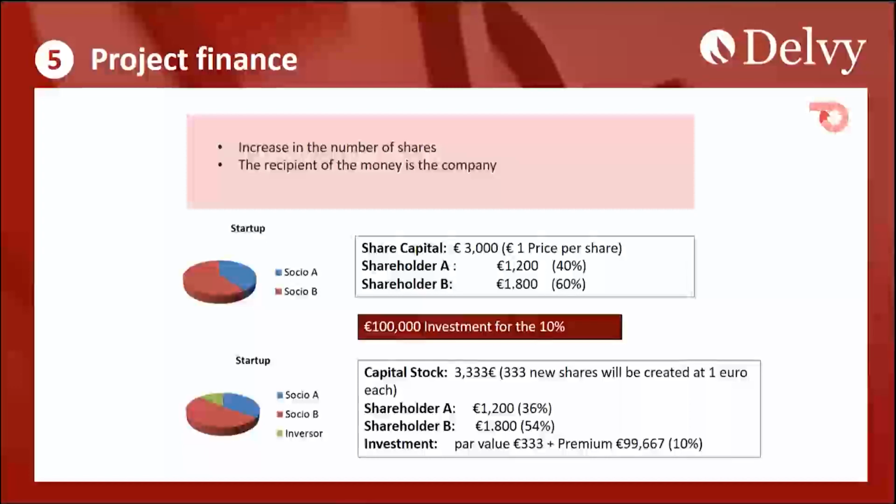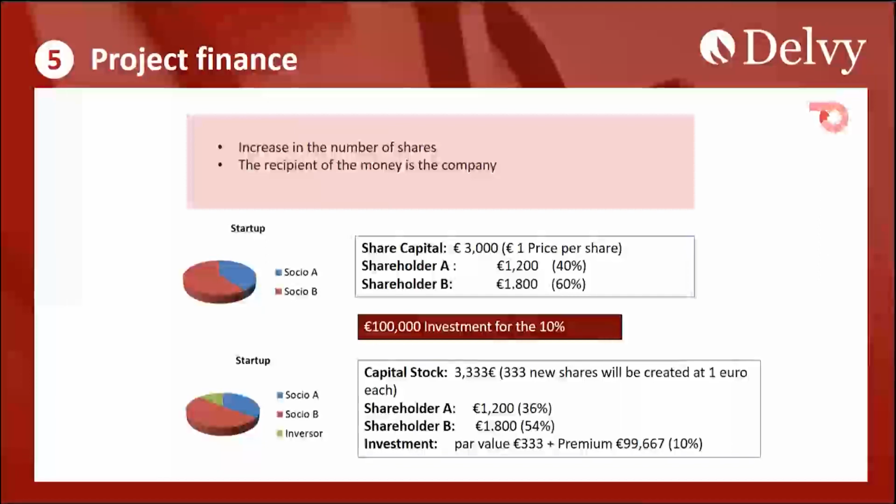But in this case, there is a concept, a legal and also an accounting concept, which is the premium of the shares. It means that the investors in this case will only obtain 333 shares, because 333 represents 10% of a total of 3,333 shares, and the rest of the investment will be considered the premium value of the shares that the investor has acquired.